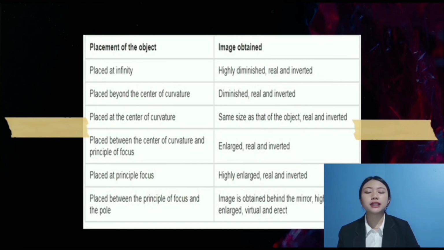If it is placed at the center of curvature, it will be the same size as the object, real, and inverted. If it is placed between the center of curvature and principal focus, it will be enlarged, real, and inverted. If it is placed at the principal focus, it will be highly enlarged, real, and inverted. If it is placed between the principal focus and the pole, the image obtained is behind the mirror, highly enlarged, virtual, and erect.